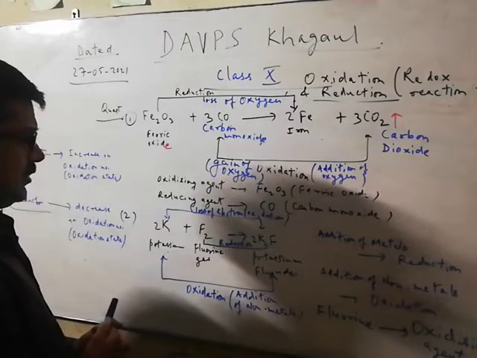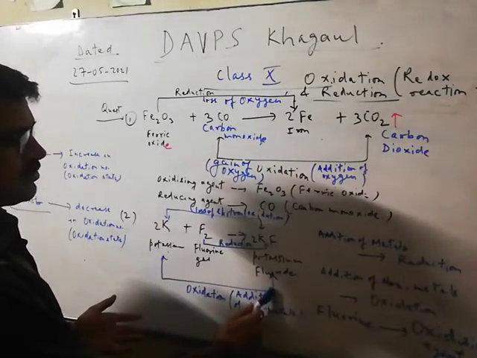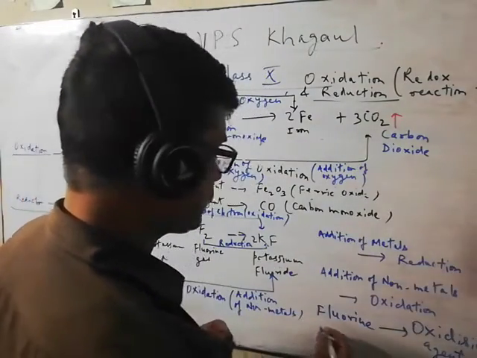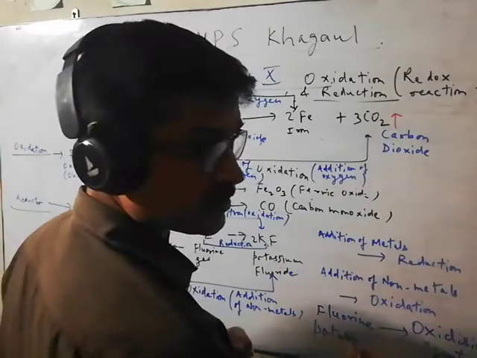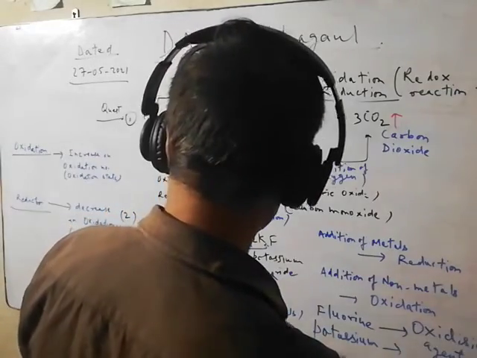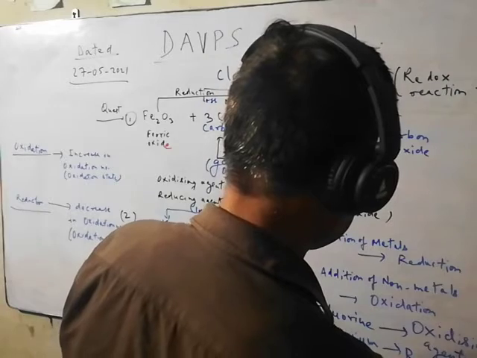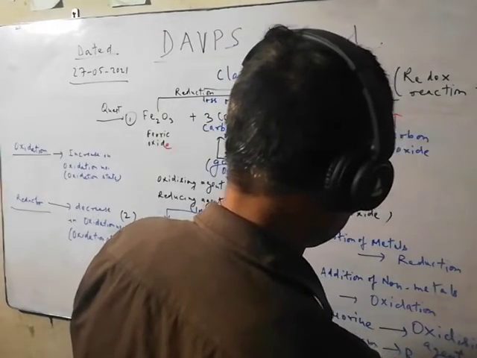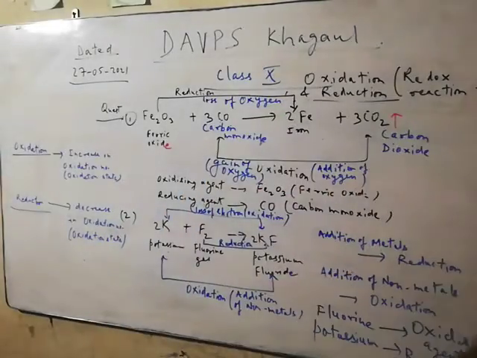Okay. Now, which will be the reducing agent? Potassium is going through oxidation, so it will be the reducing agent.